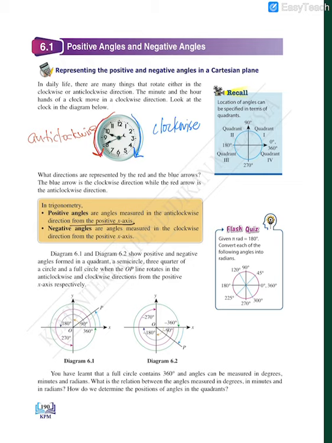Okay, from the positive x-axis. Okay, mana positive x-axis? Okay, inilah positive x-axis. Kan value sini semua positif kan? Value sini negatif. Okay, so this is negative x-axis. So kita start daripada sini, yang positif x-axis.